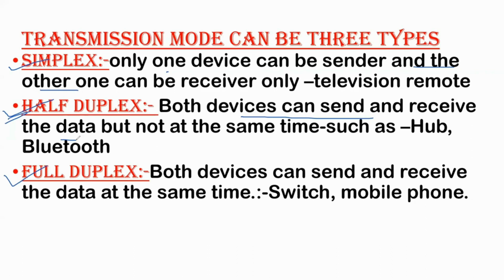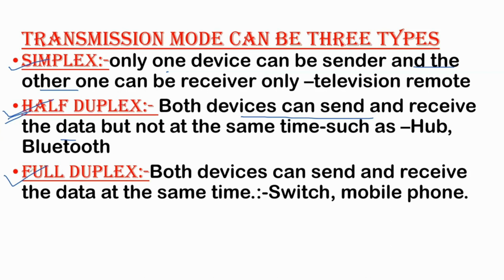So why do they use the words over and out? This is the code word, because in half duplex mode, if the second device tries to send data at the same time, both data will create a collision. That's why they use the code over and out.